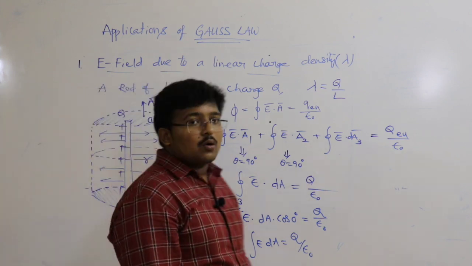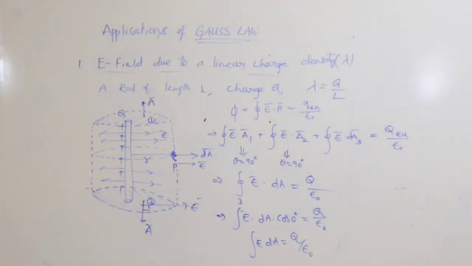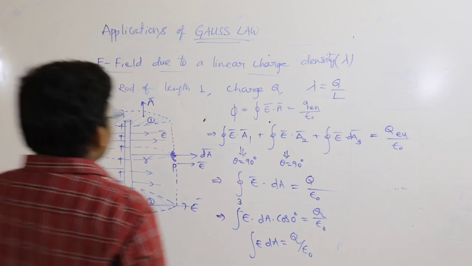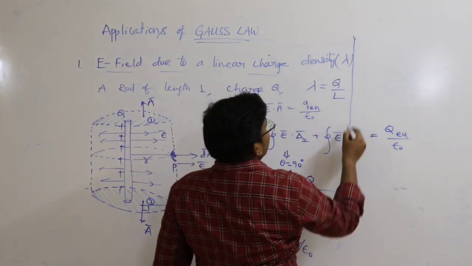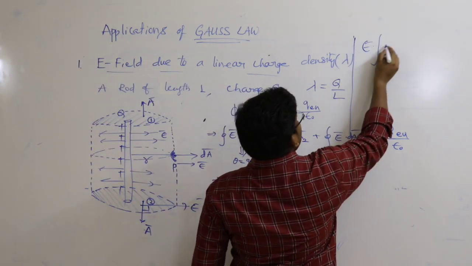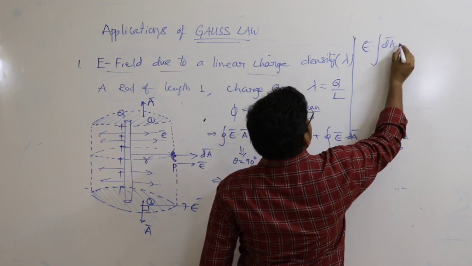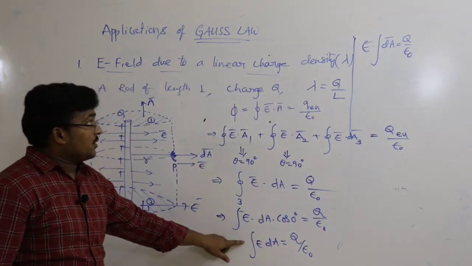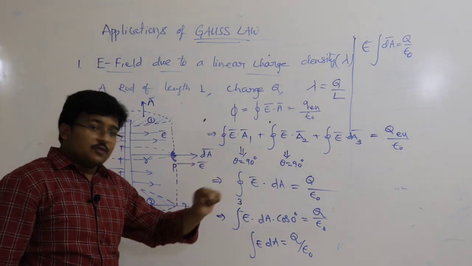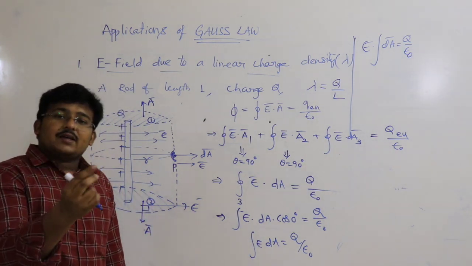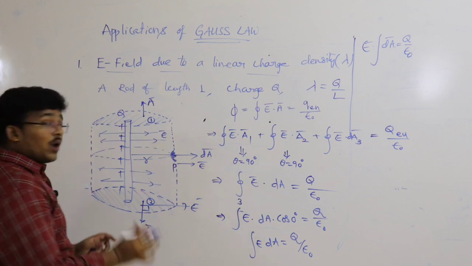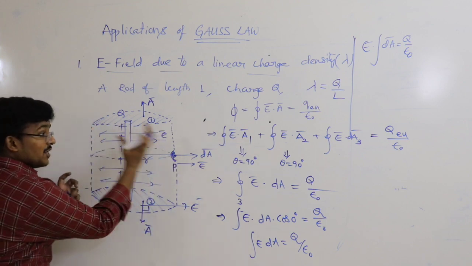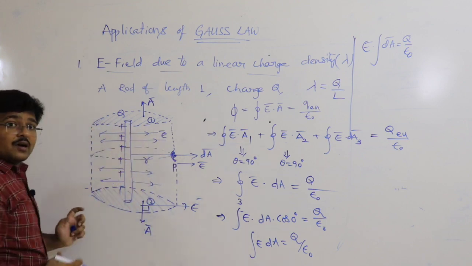So you are taking out E. Automatically you will get E into the integration of the element is equal to charge by epsilon naught. E I have taken out; the integration of dA is area only. Now what is the area of the curved surface?